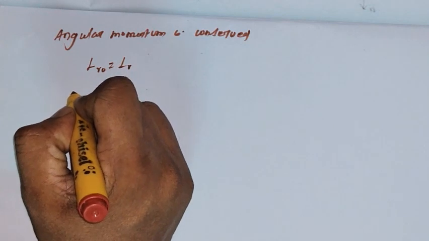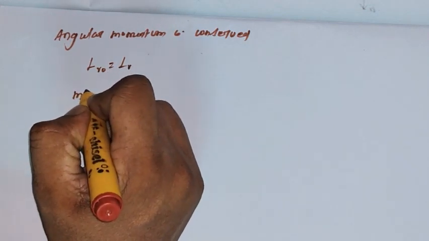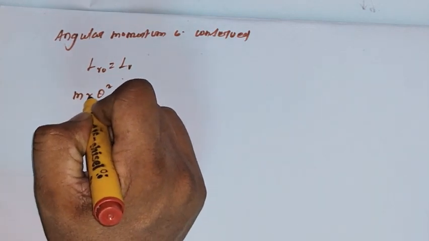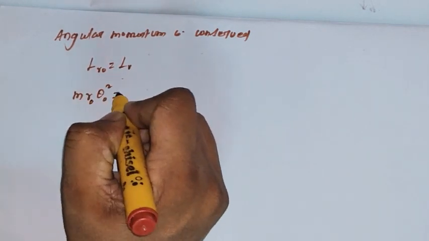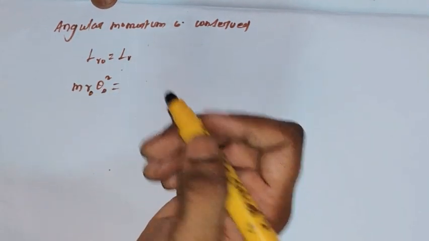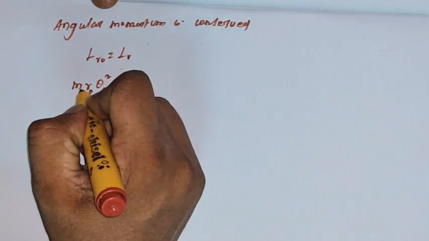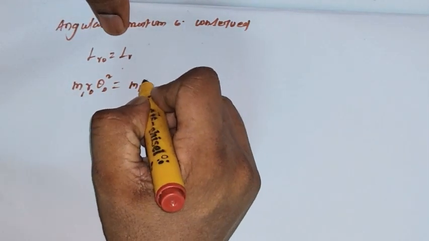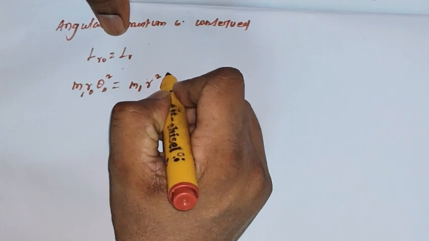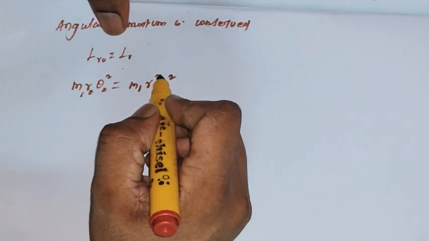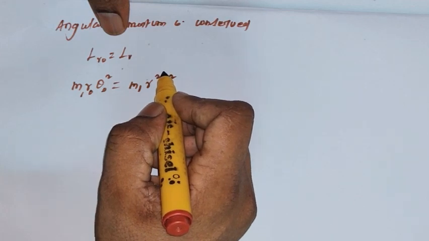We know the angular momentum, at r naught, involves theta naught. For perfect circular motion, the angular velocity is constant. The same mass, the angular momentum is constant after getting displaced. Oh, it's not r square theta dot square, it's r cross p, where p equals mv.